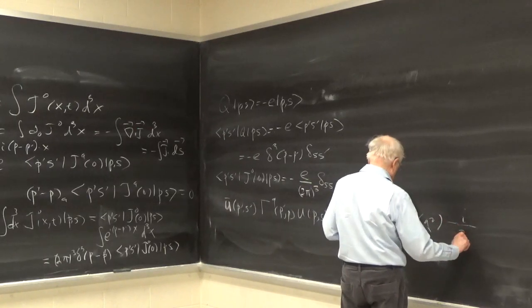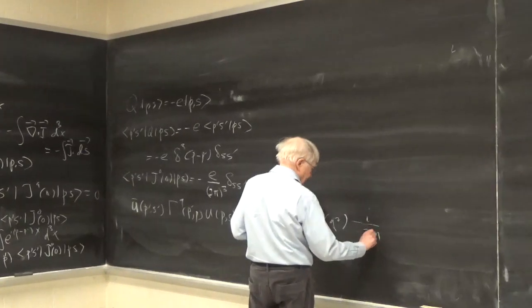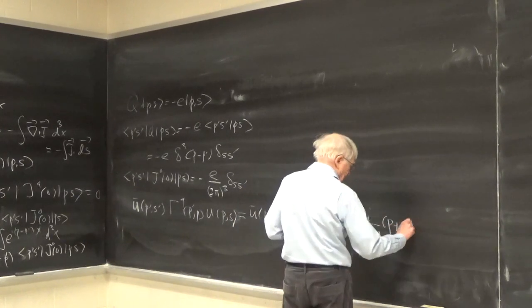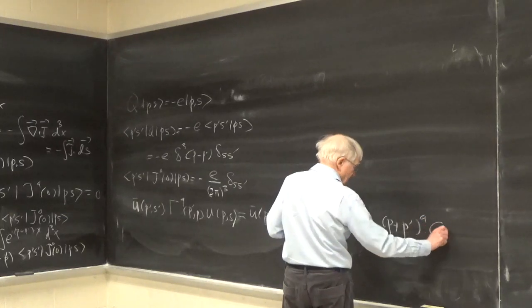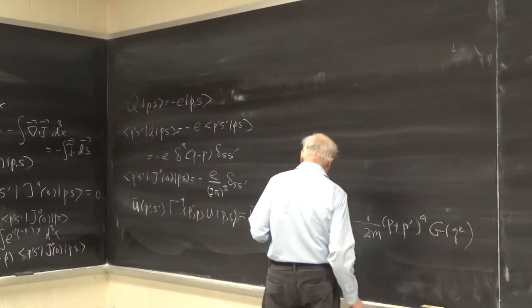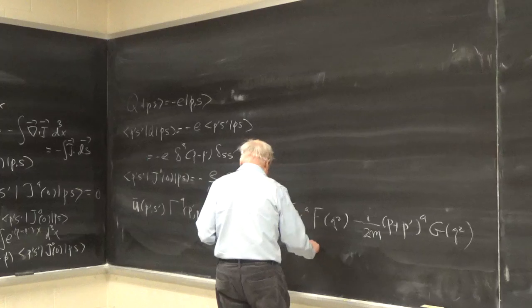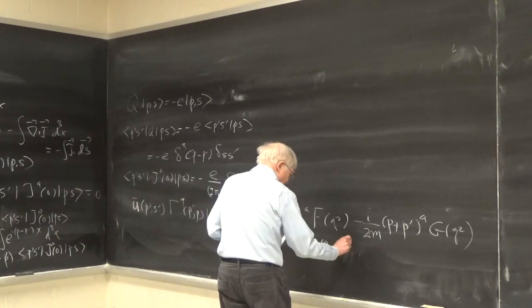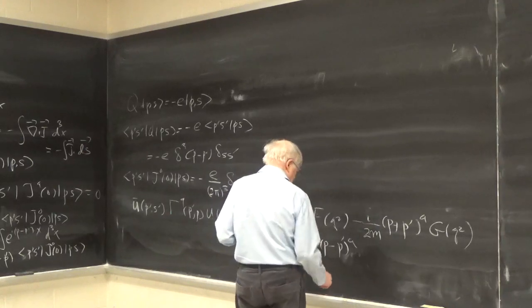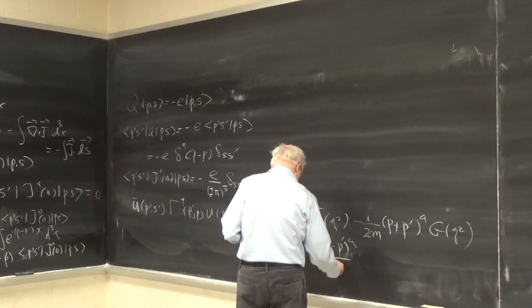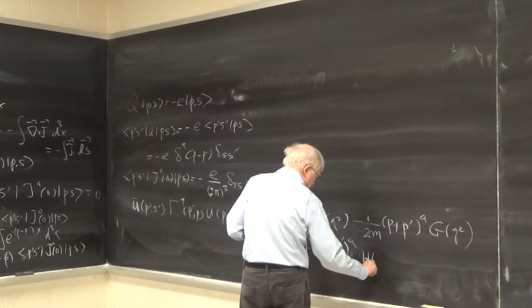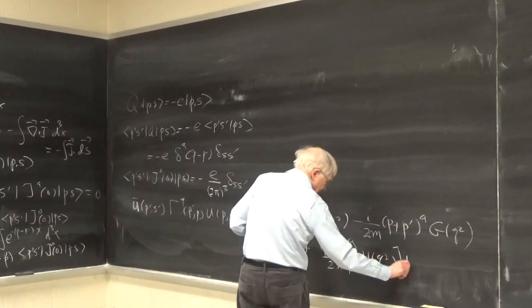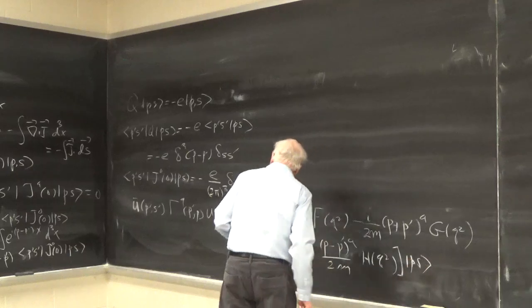minus i over 2m (p + p′)_A g(q squared), and then plus, I think I did this before, (p − p′)_A over 2m h(q squared) u(p,s).